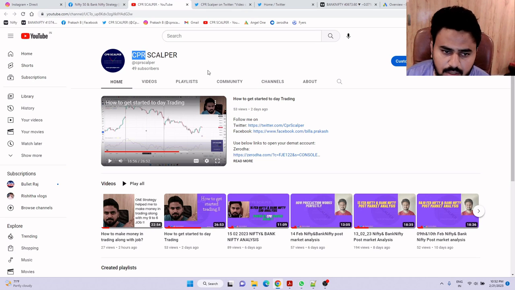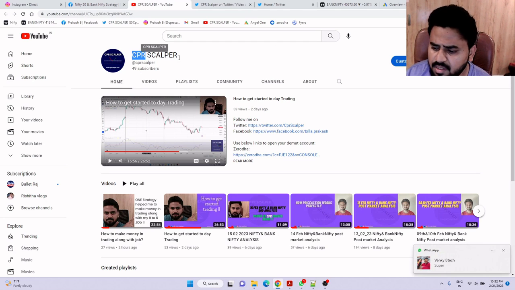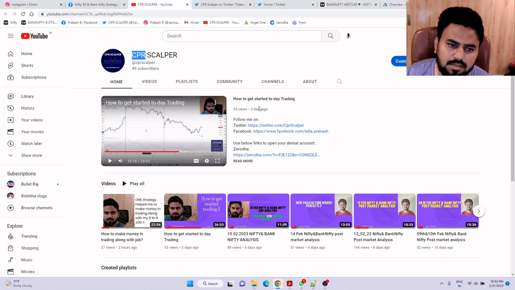I thought I'll share about this indicator because in India a lot of people don't use this CPR indicator. I read about this CPR indicator in a book called Secrets of Pivot Boss, which is written by Frank Ochoa.